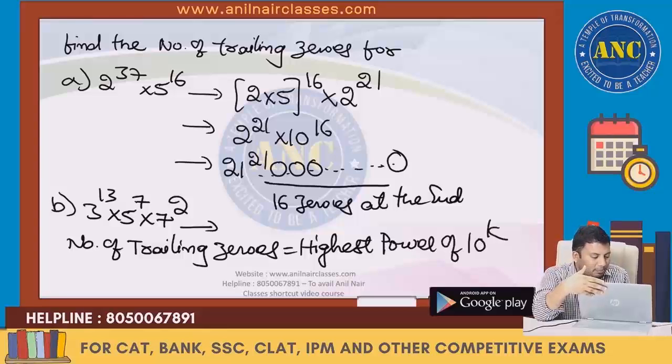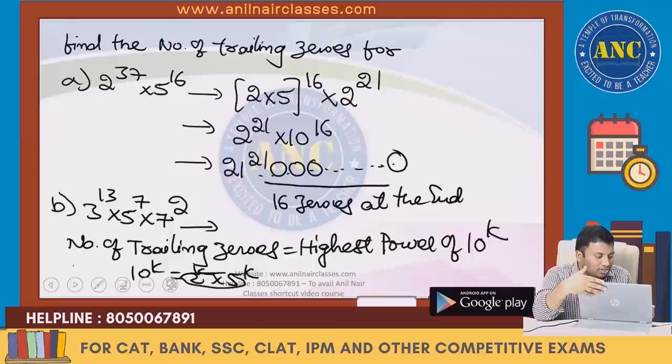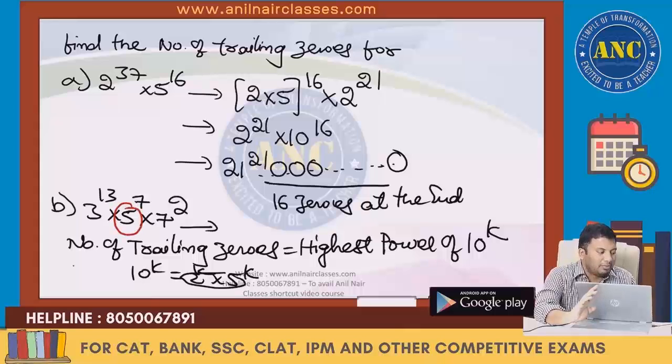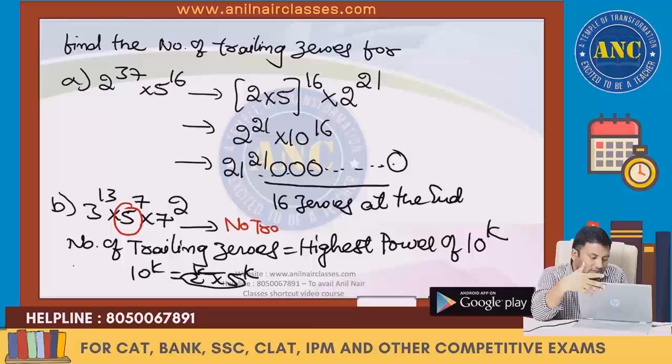To get 10 power k, we should get 2 power k and 5 power k. There should be a combination of 2 and 5. Only 5 is there. So the answer is, there are no trailing zeros.